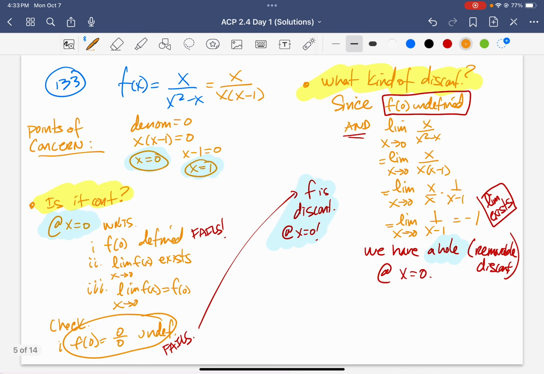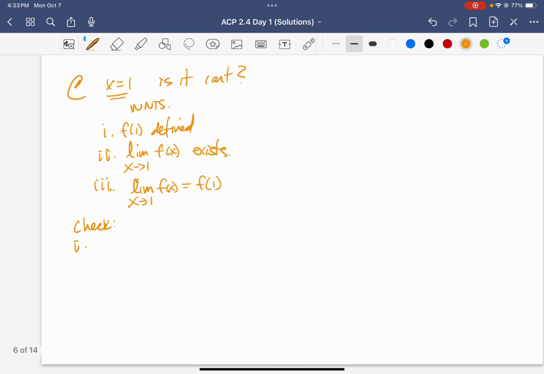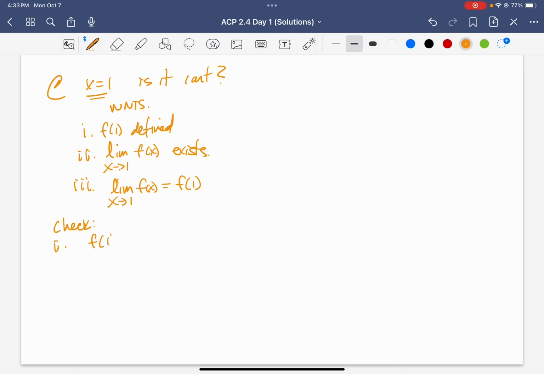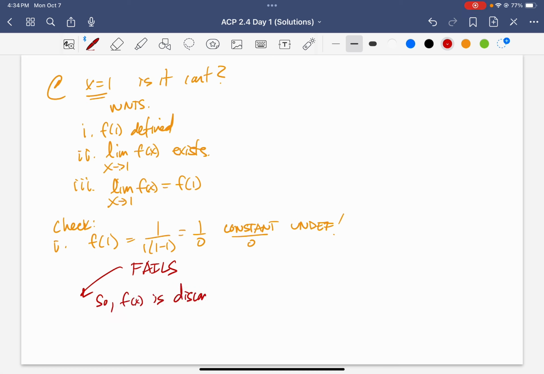When you plug in 1, do you get something out? No. When you plug in 1, f of 1 is just 1 over 1 times 1 minus 1. It's 1 over 0, which is a constant over 0, which is undefined. That means it fails. So f of x is discontinuous at x is equal to 1.